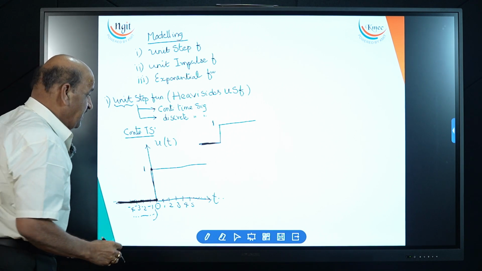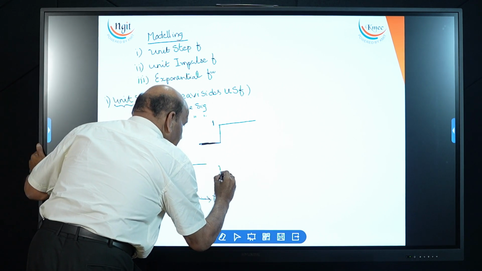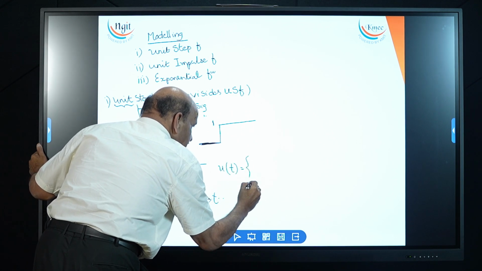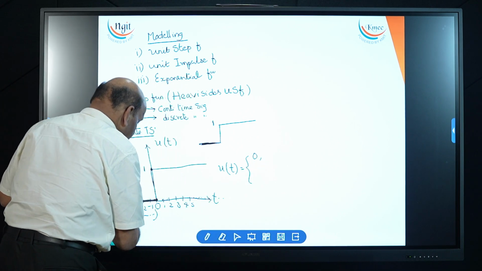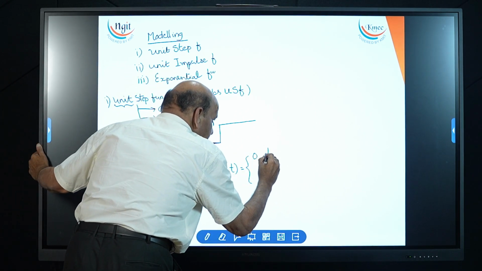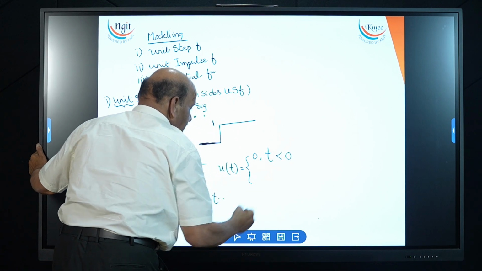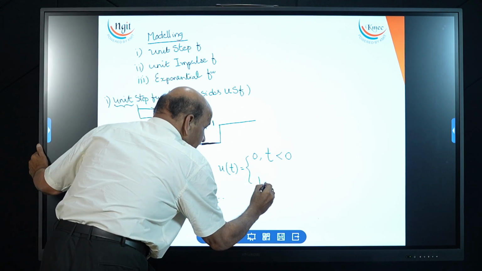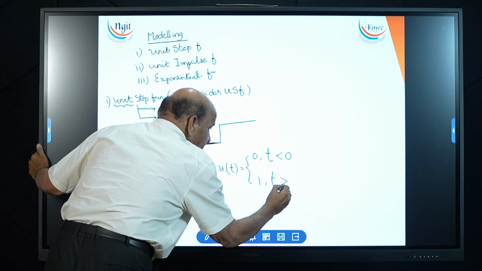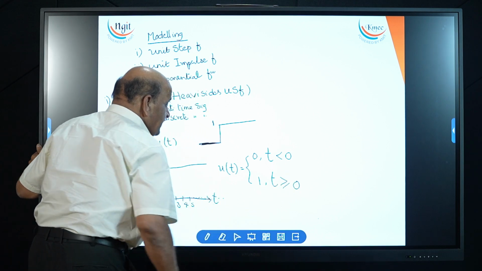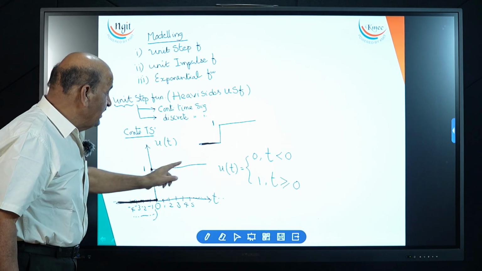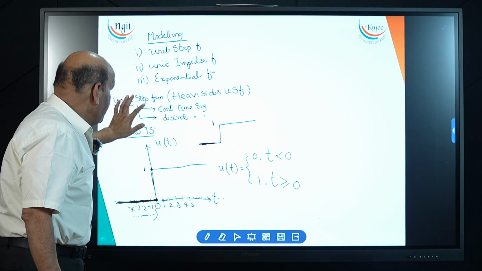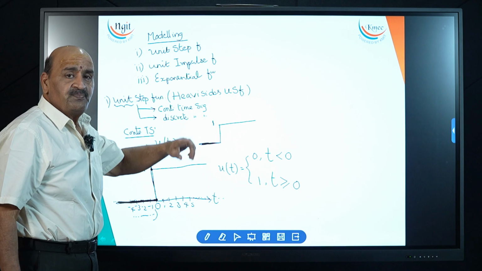This is very important. We denote unit step function by u of t. u of t equals 0 for all values of t less than 0, and u of t equals 1 for all values of t greater than or equal to 0. This is the mathematical modeling of unit step function under the concept of continuous time signal.